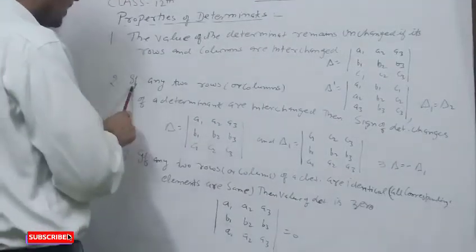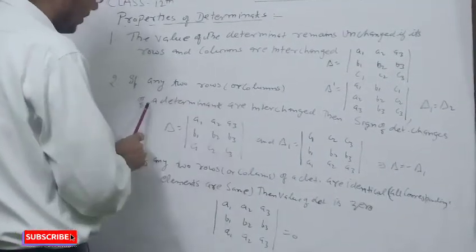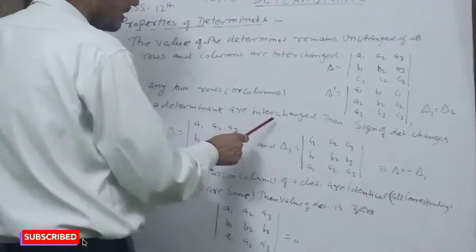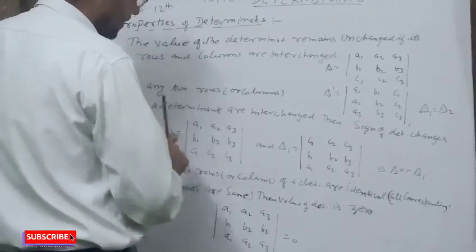Next property: if any two rows or columns of a determinant are interchanged, then the sign of the determinant changes.